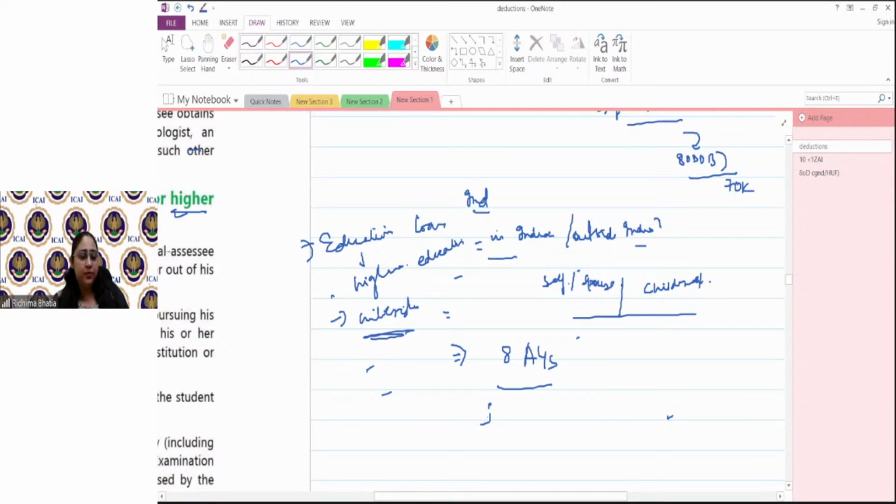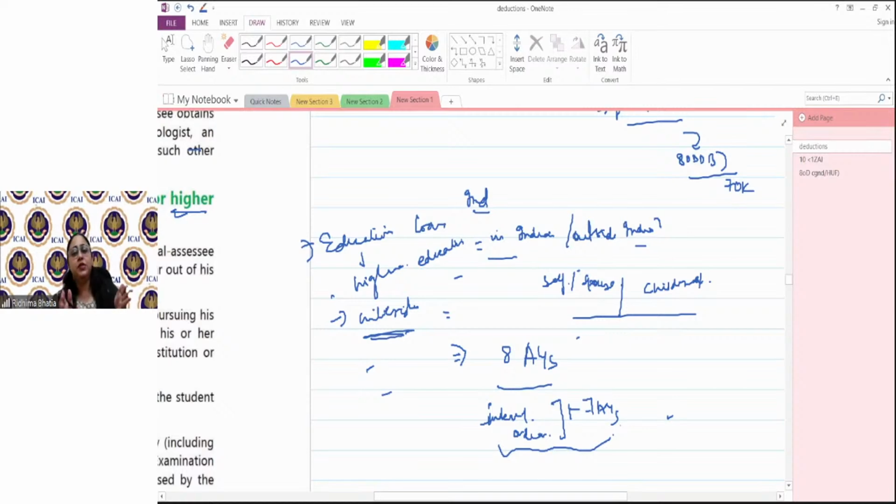You have to remember just one thing: from the year when you start repaying the interest, that becomes the first year plus the next 7 assessment years. You can claim the interest on loan in those years. If the loan is for a longer period, you cannot claim it for the longer period.